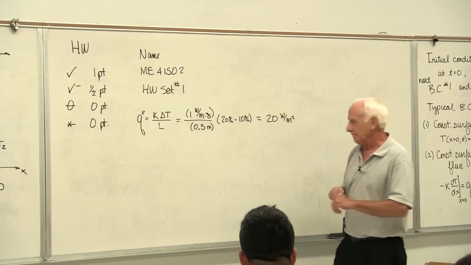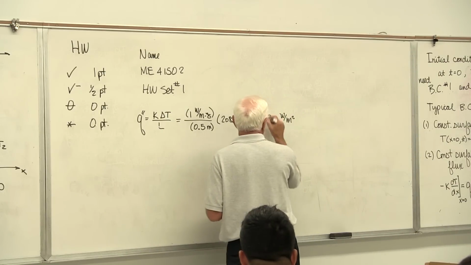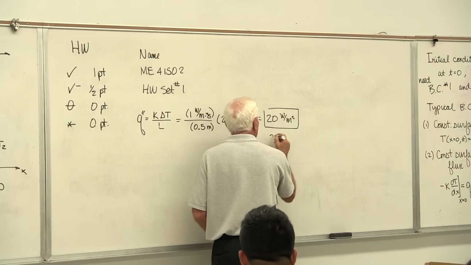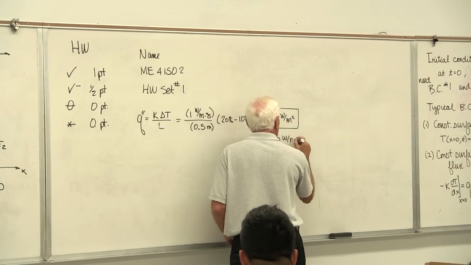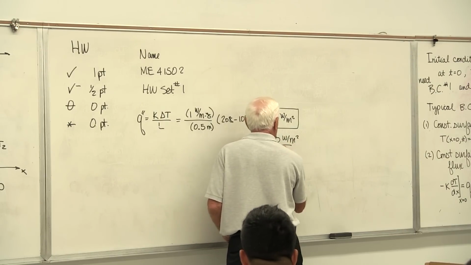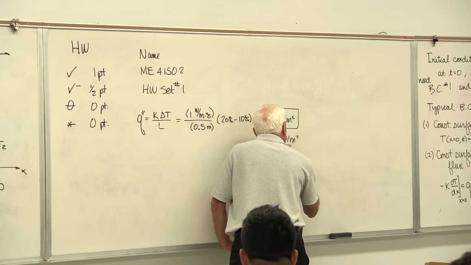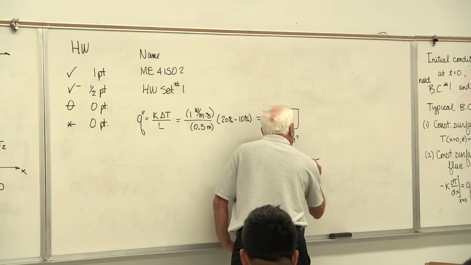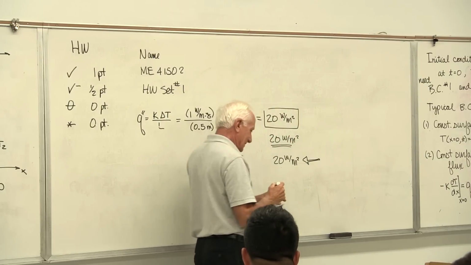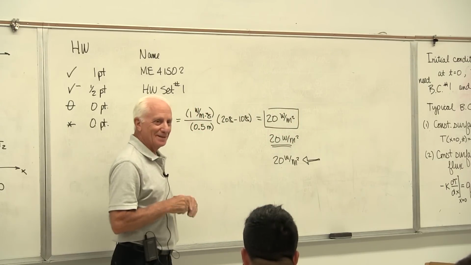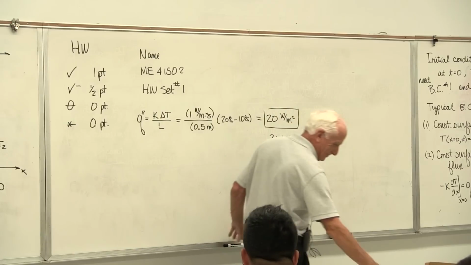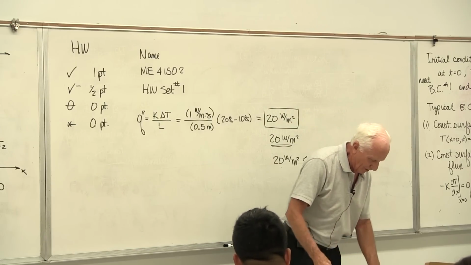On the answer, most people will box it in. Some people will double underline it. Some people have all different ways of doing it. I don't care. They'll put a big fat red arrow or something by it. I don't care. But just somehow make the final answer stand out. And that helps.